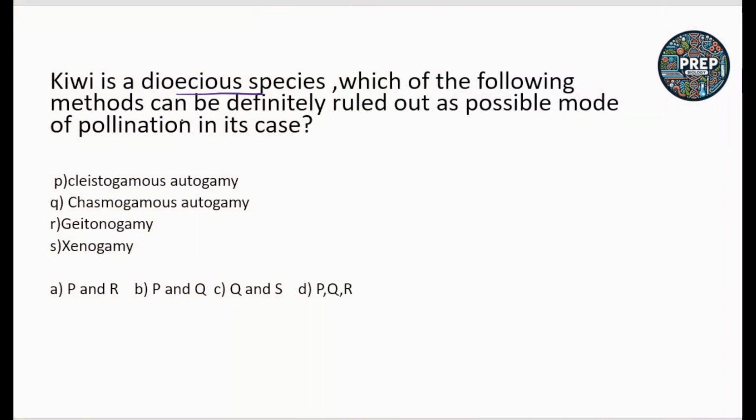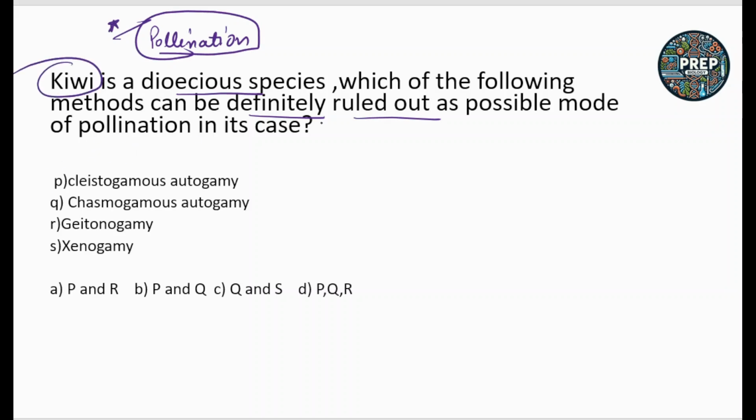Next question is, kiwi is a dioecious species. Which of the following methods can be definitely ruled out as a possible mode of pollination in its case? The pollination topic is also very important. Kiwi is a dioecious plant. You all have to find out the possible mode of pollination in its case.